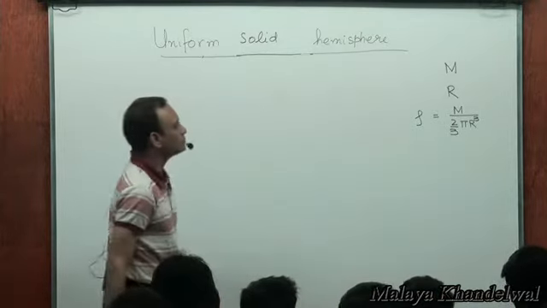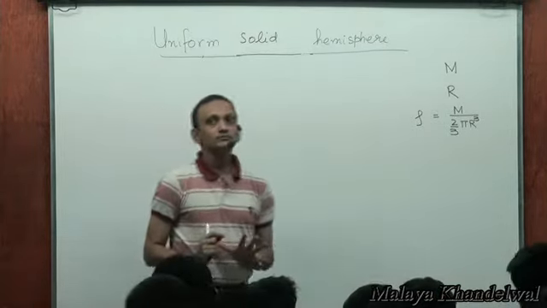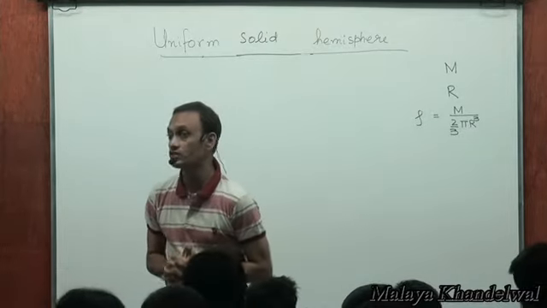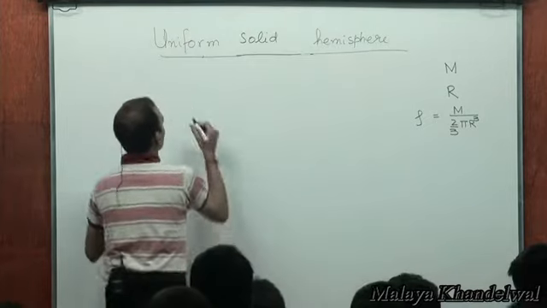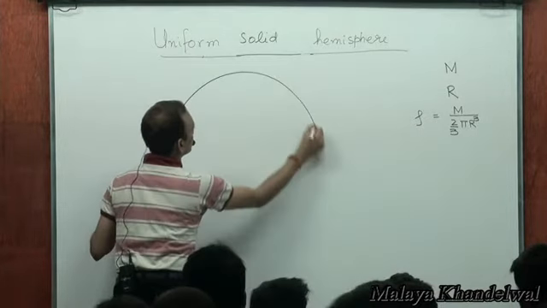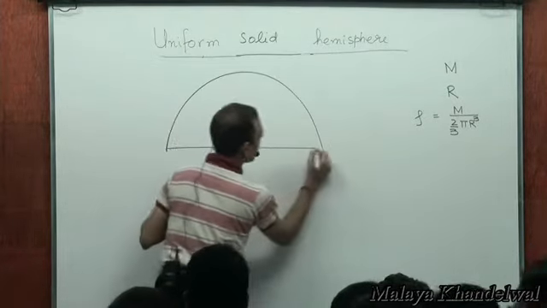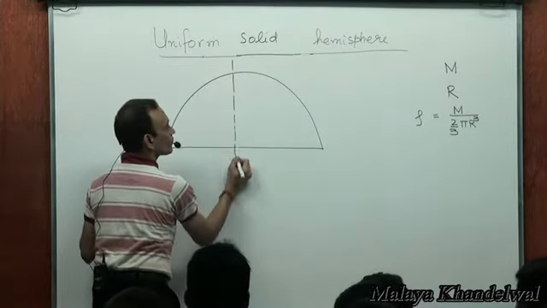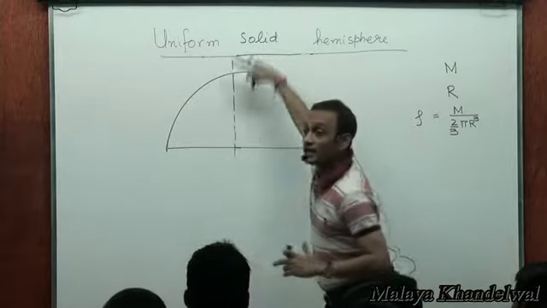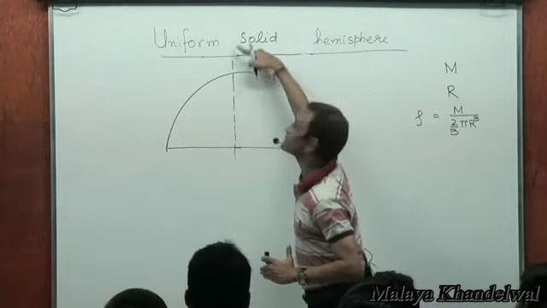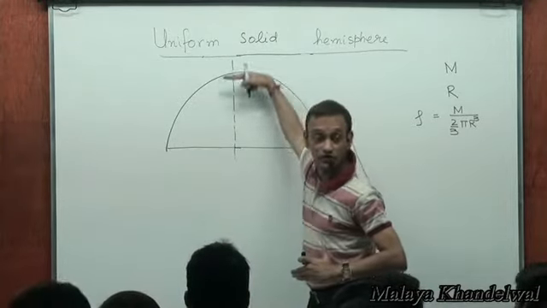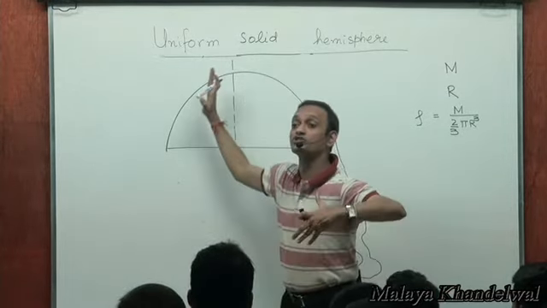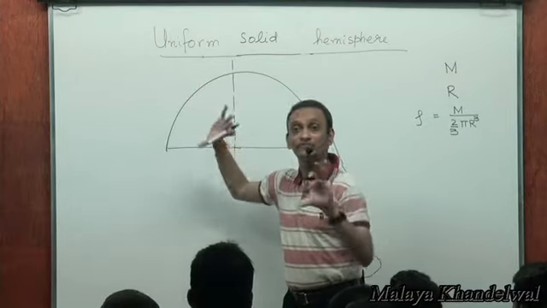Now again, when I talk of a solid hemisphere, from symmetry its center of mass must lie along this line of symmetry, because the mass distribution seen to the right of this is the same as the mass distribution that you see to the left of it.